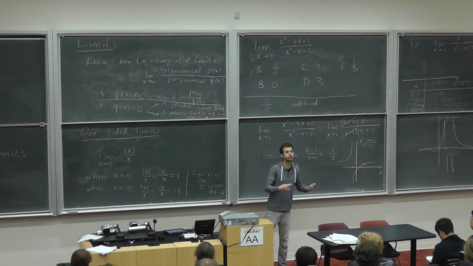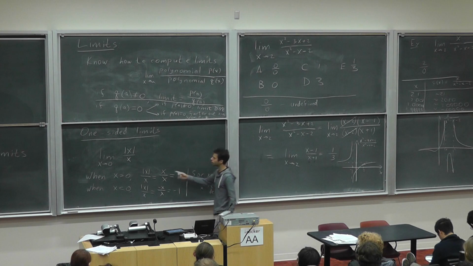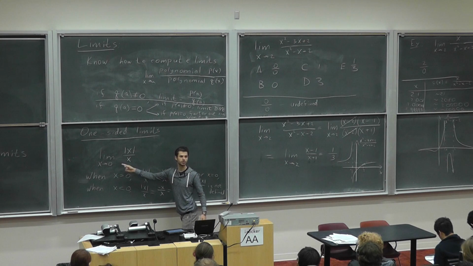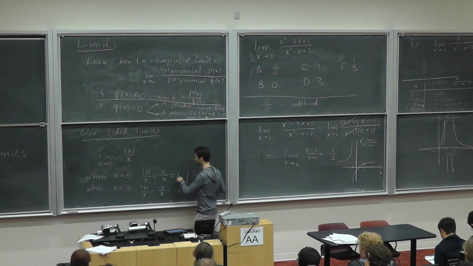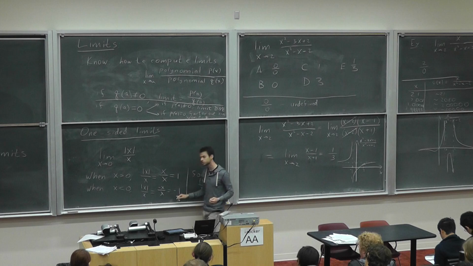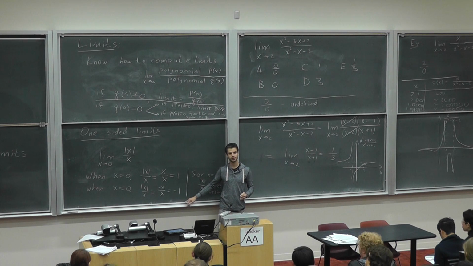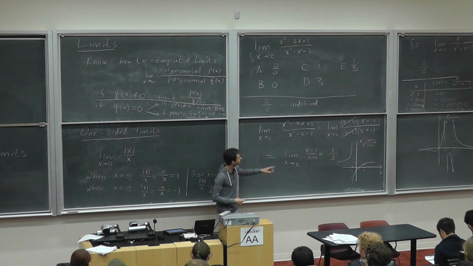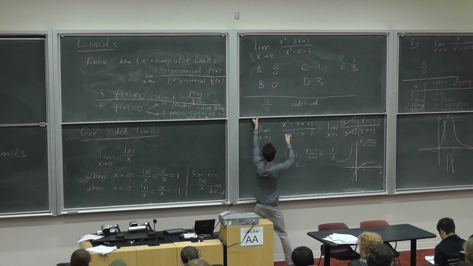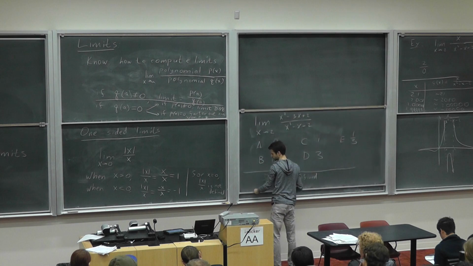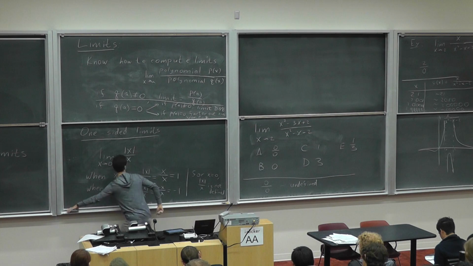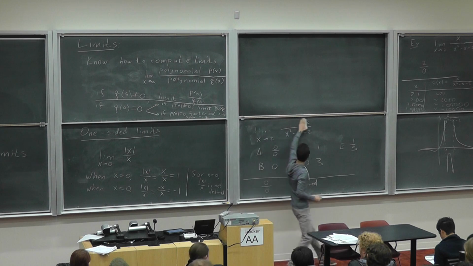But that creates a problem for the limit. Because when x is positive and small, the function is 1. When x is negative and small, the function is -1. So if I were to use such a table, I would have a funny situation.